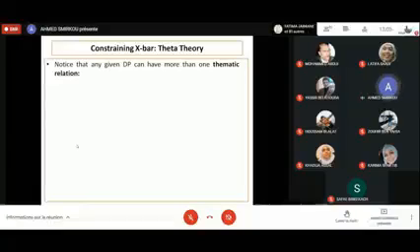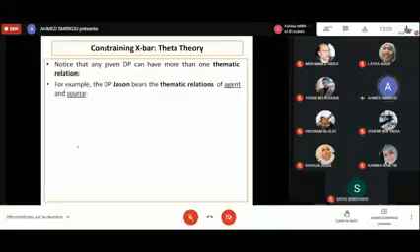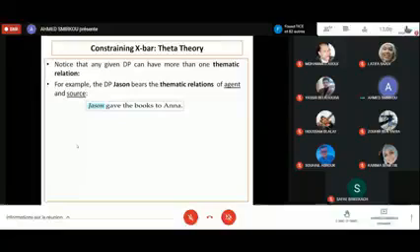So notice that any given DP can have more than one thematic relation. For example, the DP Jason bears the thematic relations of agent and source. This is like an answer to your question, Ms. Karima. Jason gave the books to Anna. Jason is an agent because it's the one that does the action, and it's the source of the action.